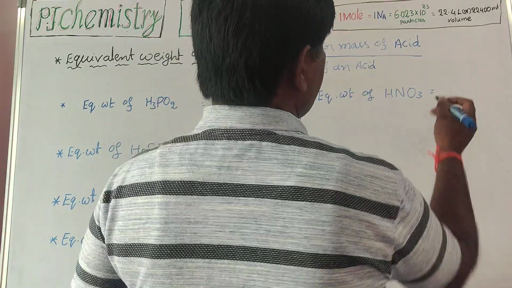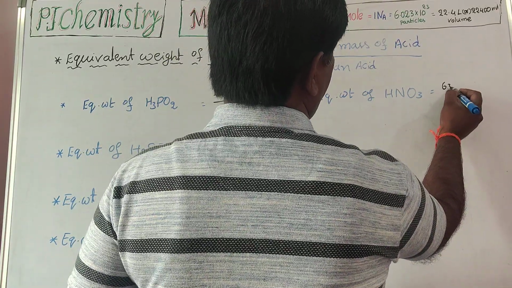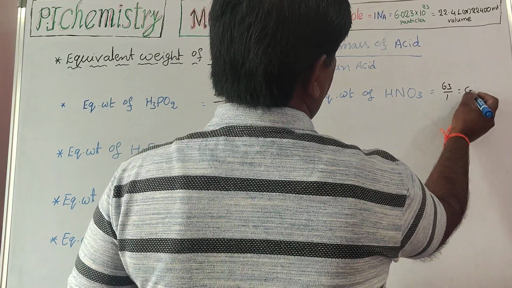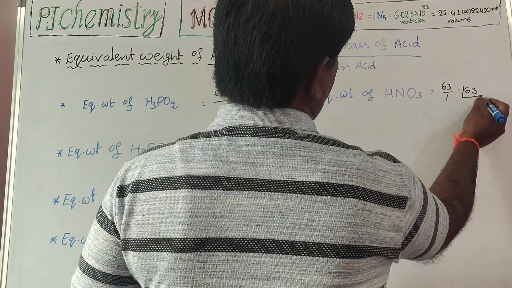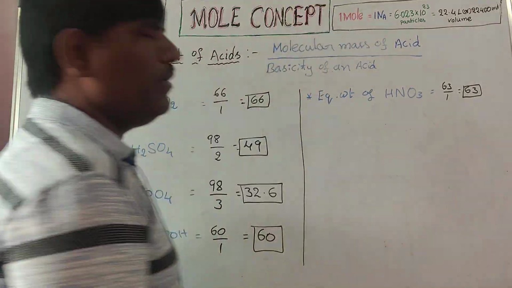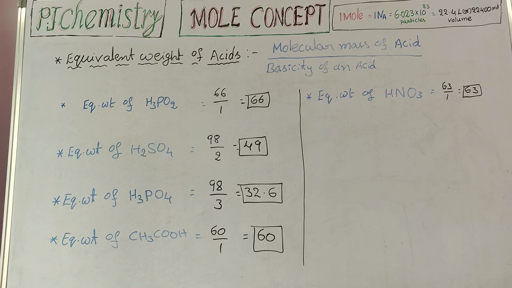Its basicity is 1. So 63 by 1 is nothing but 63 only. Like this we need to calculate the equivalent weights.